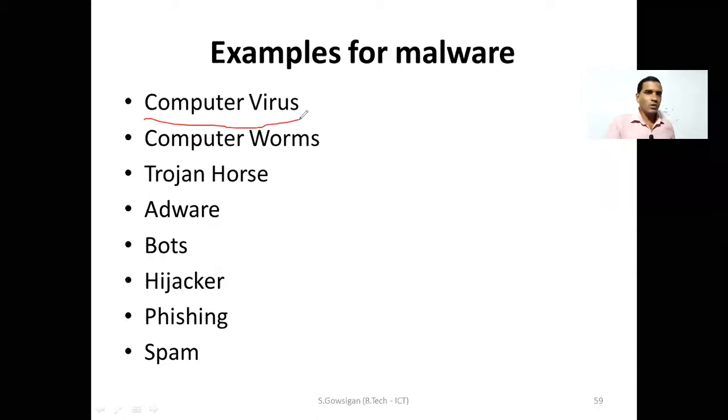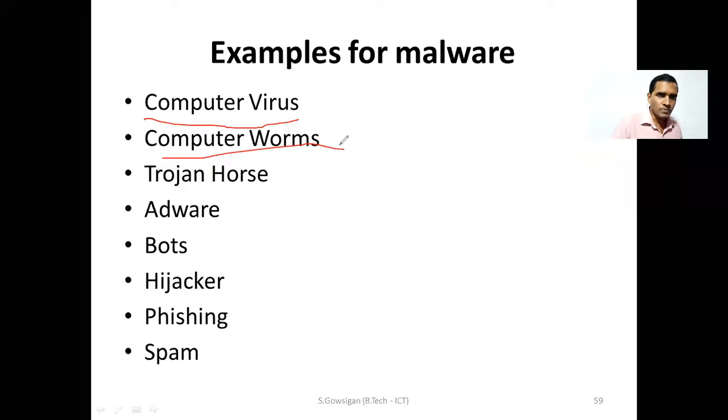First one, computer virus. I'm showing the names first. Later I will explain one by one. Remember, this title is very, very important in exams. In almost all the past papers, questions came for reasonable marks, especially in malware, so we have to understand them clearly.